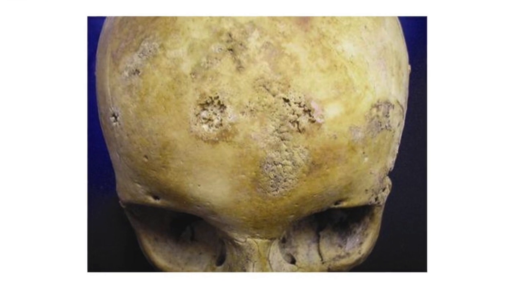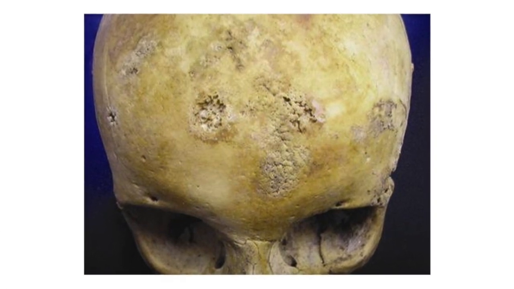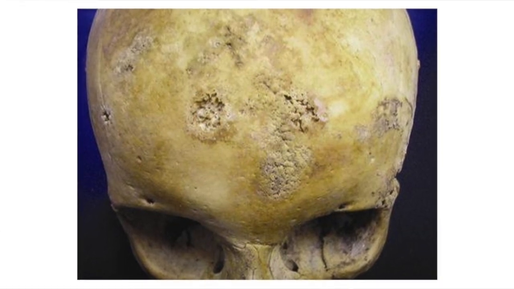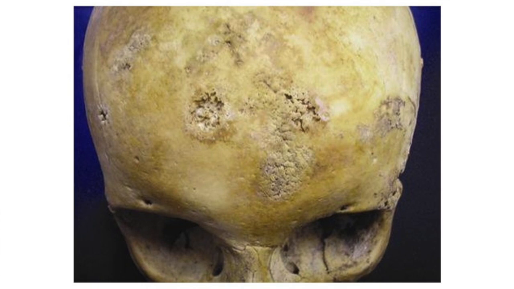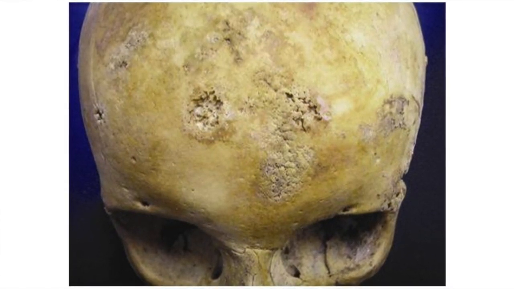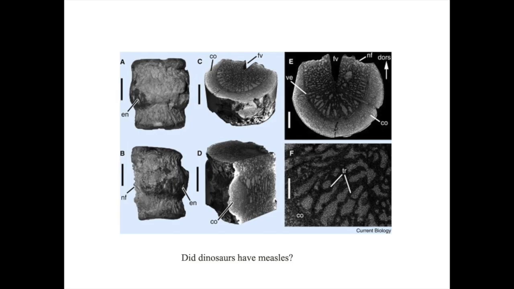Bony changes have been useful, for example, in supporting the Columbian hypothesis that the disease was unknown in Europe until brought back by conquistadors in the early modern period. Some dinosaur bones show changes of what looks like Paget's disease, leading to the suggestion that they were also plagued by viral infections, perhaps similar to modern measles.